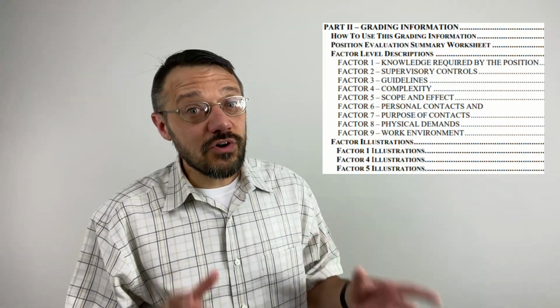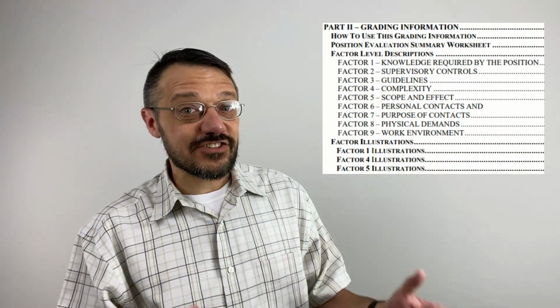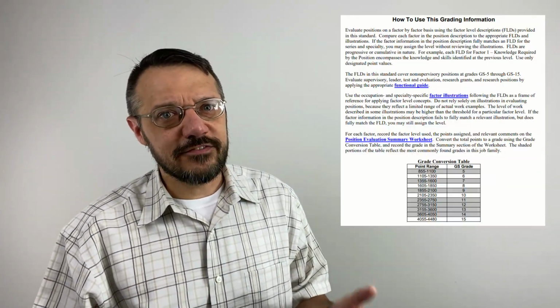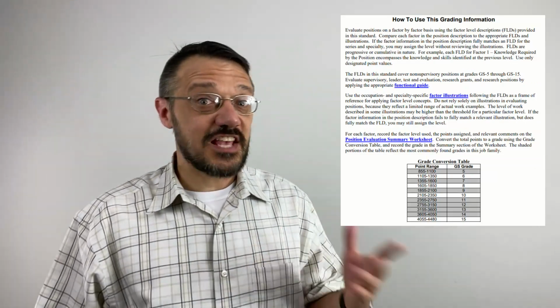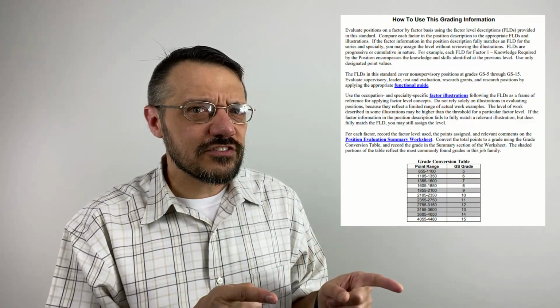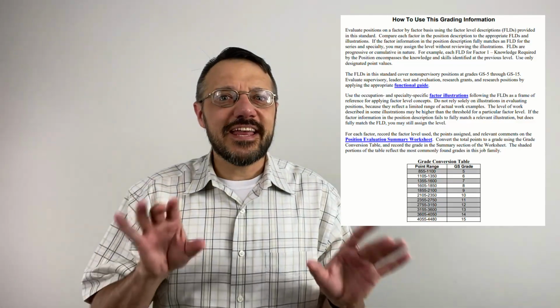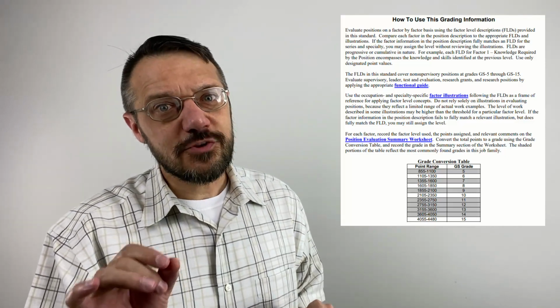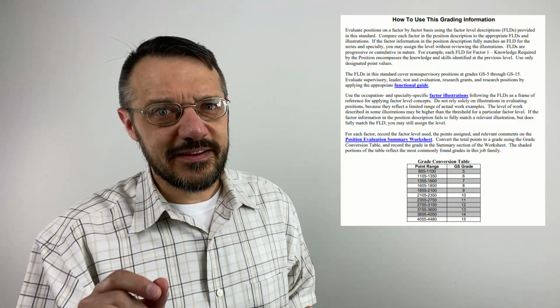And the words that are used to describe these factors determine the grade of the position. GS-7, GS-9, GS-12, it's in the words. And even better, this manual provides the exact words that should be used to describe the position.